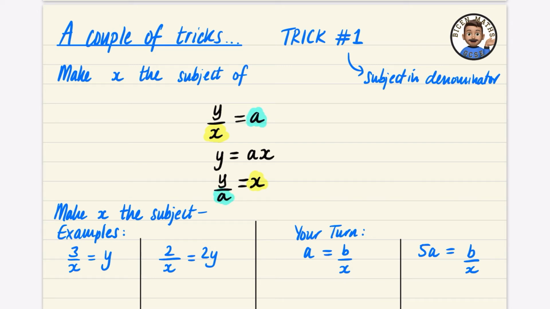So it looks like they have just swapped places. So if you have this kind of question, you can see that if the subject is in the denominator, it will swap with the expression or the variable on the other side.